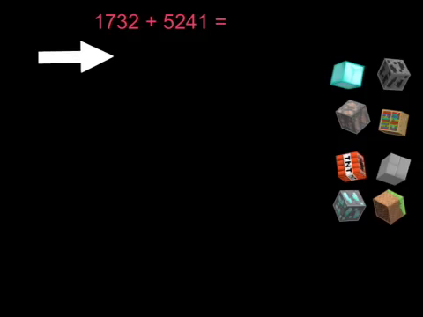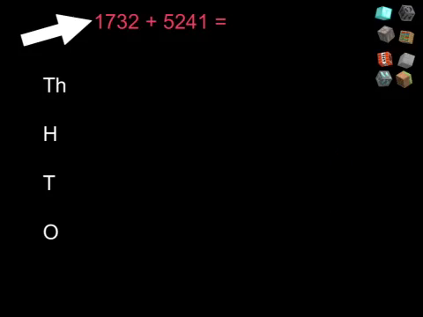So here I have an algorithm. Now an algorithm is just a number sum. It's the steps that I take to work out the solution to a sum. Now I'm going to work this sum out using partitioning. So here we go. In the thousands column of this first number, I have 1,000.